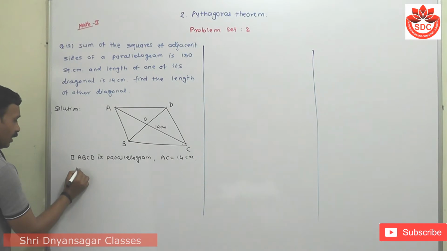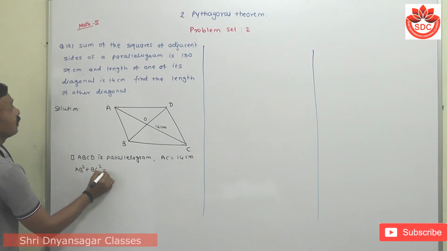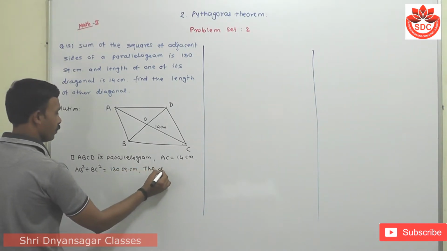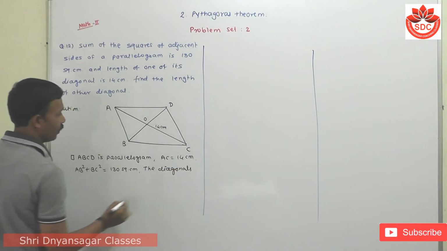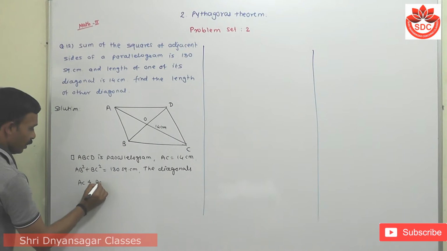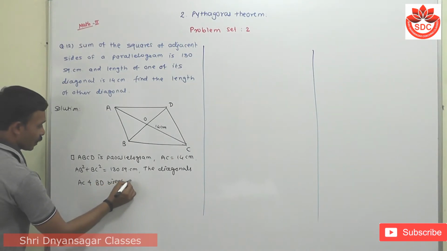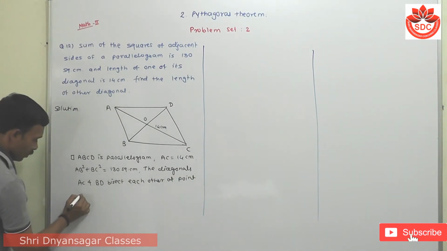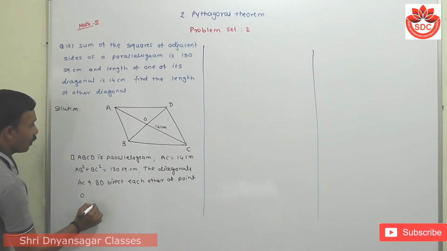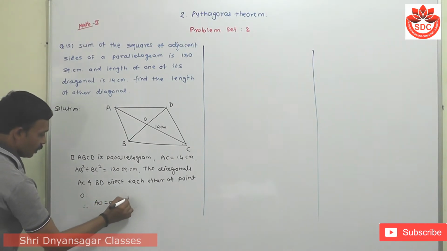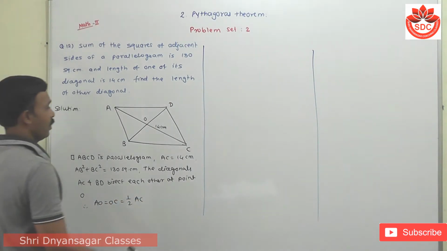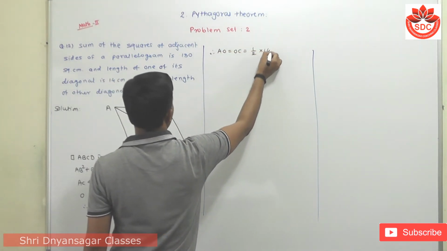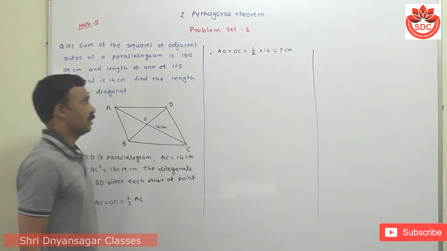Then we take AB² + BC² = 130, and AO = OC = half of 14 = 7 centimeter.